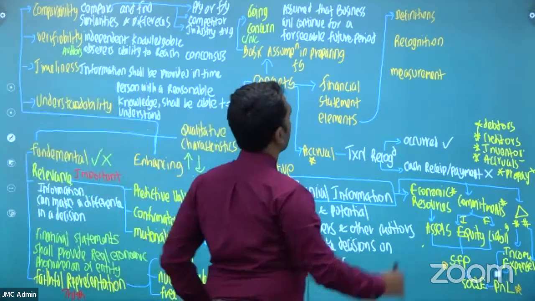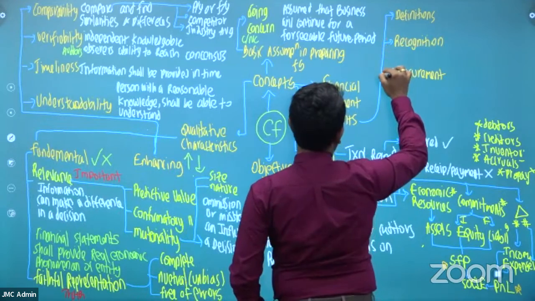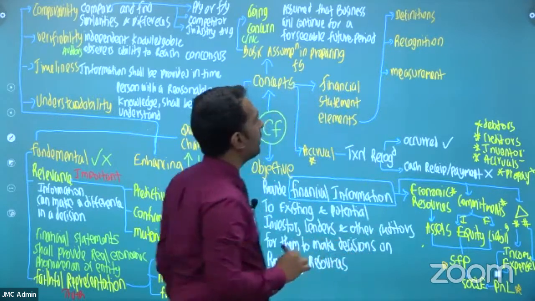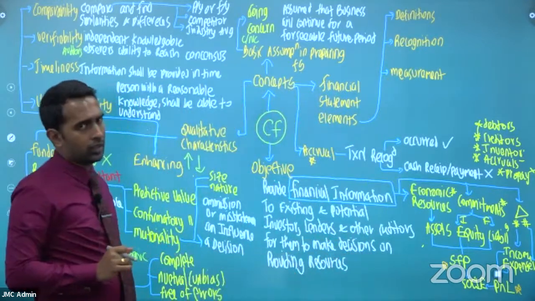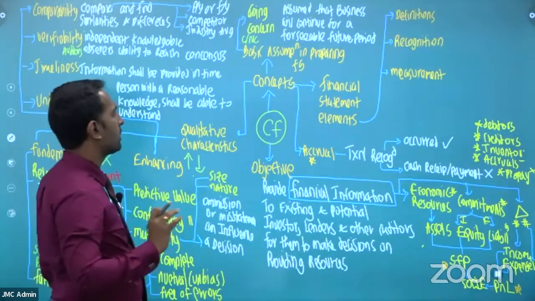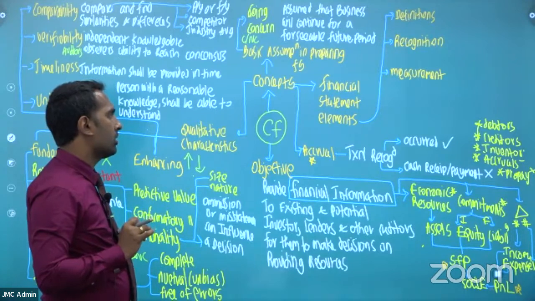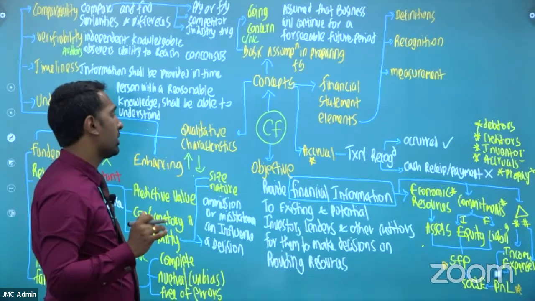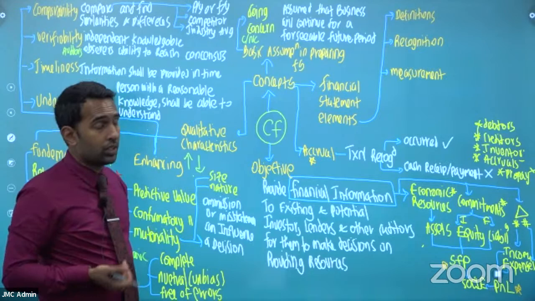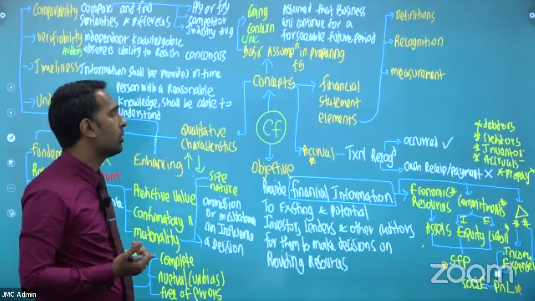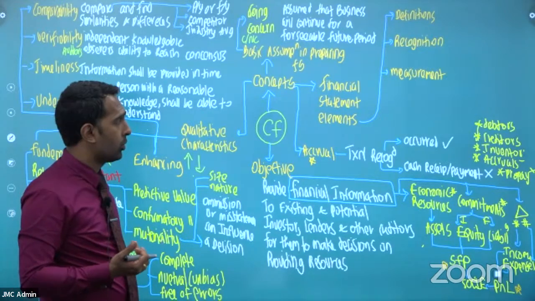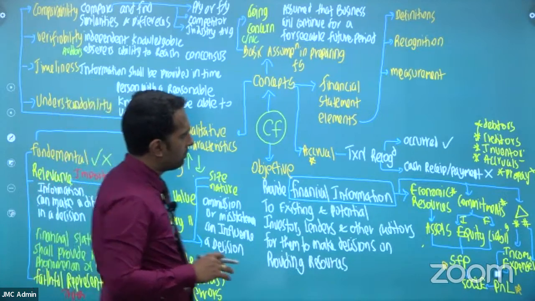Definition, recognition, and measurement. So this is part of our conceptual framework. We are going to learn about the different types of financial statement elements: what the definitions are, what the recognition rule is, and what the measurement rule is.